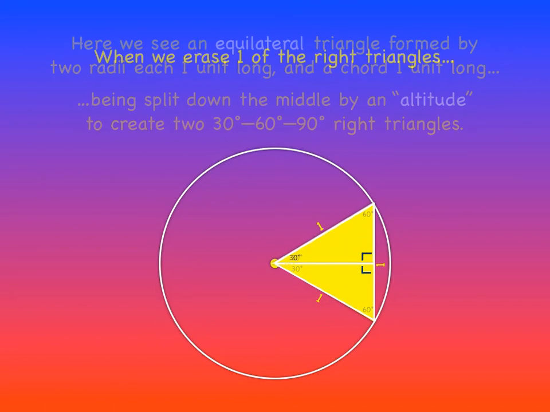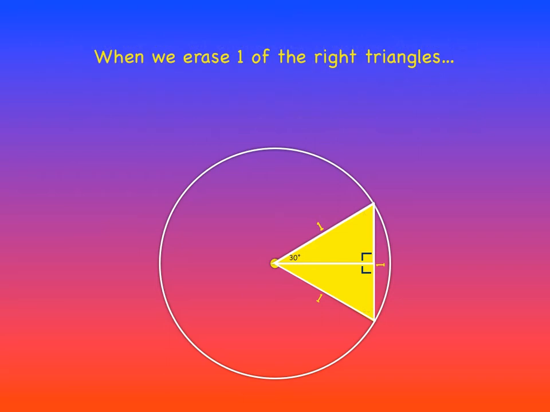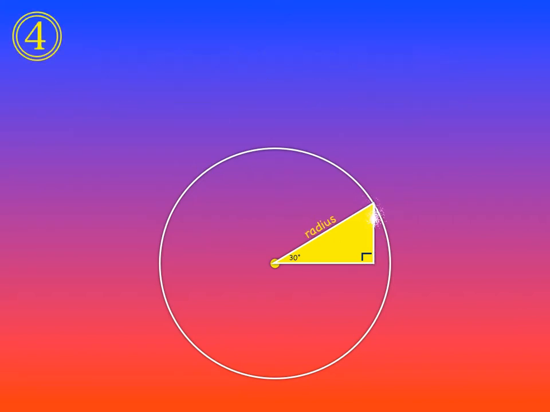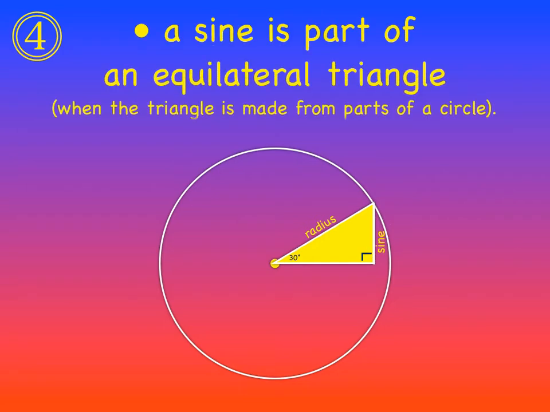When we erase one of the right triangles, we no longer see the 1 unit long chord, we only see the 5/10 unit long sine. It's half of a unit. A sine is part of an equilateral triangle when the triangle is made from parts of a circle.